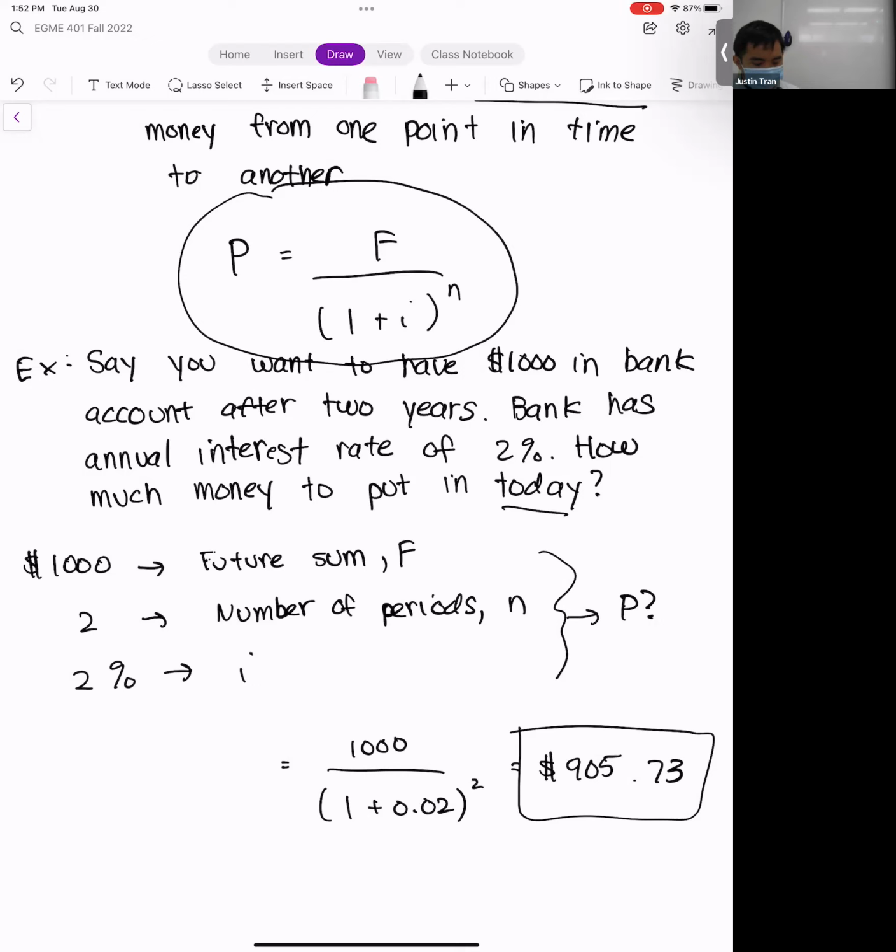Okay. And so with the 2% interest rate, if you are going to leave that money alone for 2 years, okay, with compound interest, then if you start that account with $905.73, then in 2 years you're going to have $1,000.